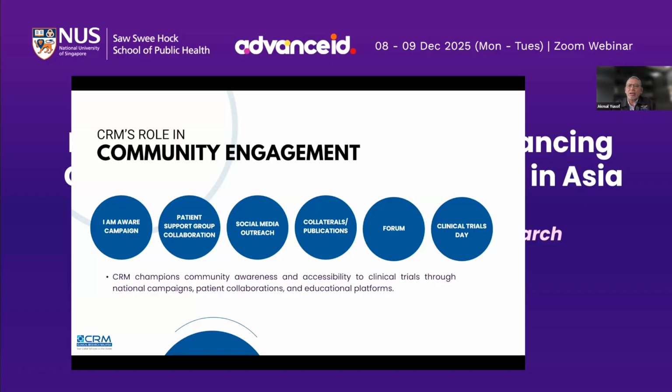We can boil this down to 6 major strategies. One is about running a campaign about understanding of clinical research. We call it the I'm Aware campaign. Second, working with patient support groups, specifically support groups for diseases.